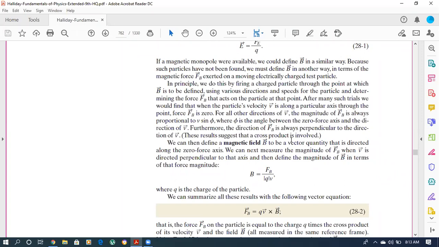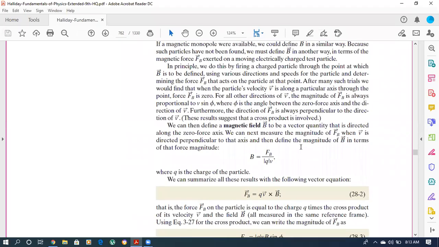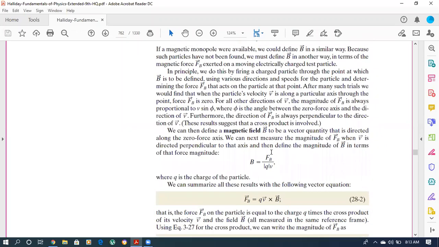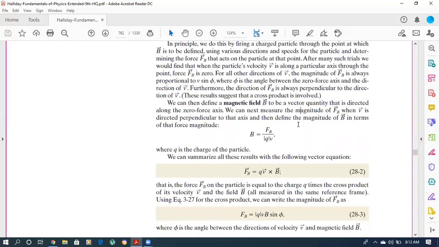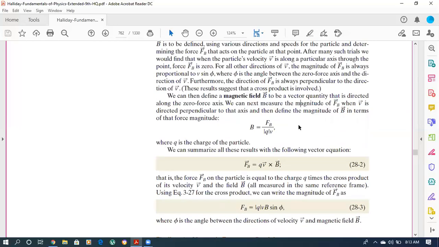But what happens in the case of the magnetic field? The magnetic field case is a little bit different. It doesn't depend only upon the charge magnitude; rather, it also depends upon its velocity. Because it is observed that there is no magnetic force on a static charged particle. If the charged particle is static, it may not observe the presence of any magnetic field.